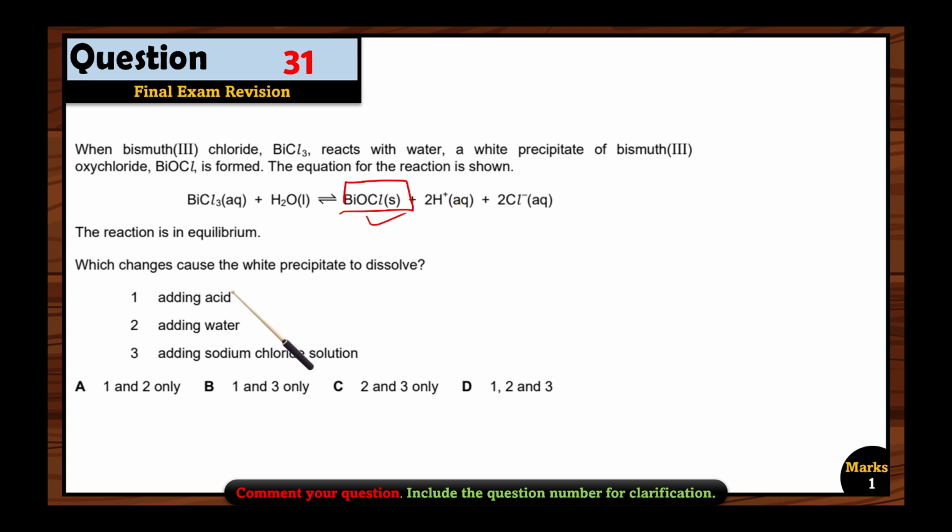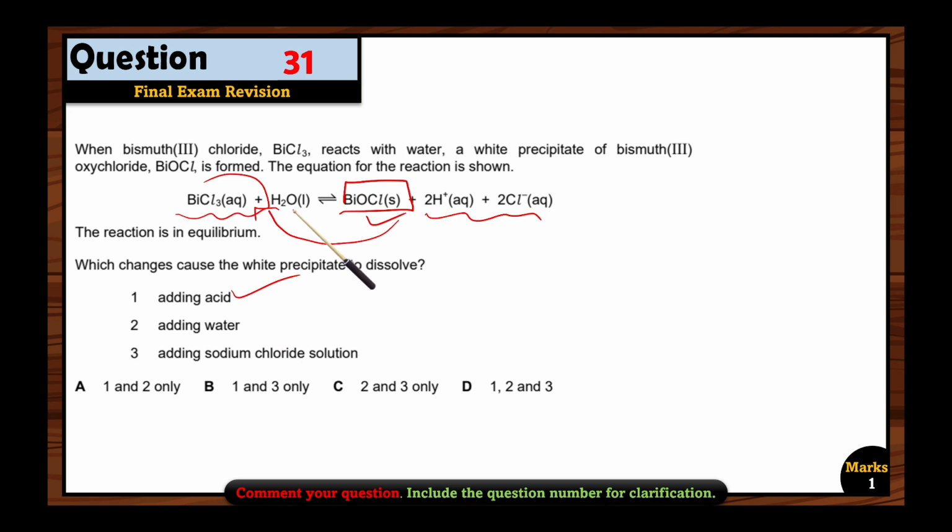So if you add more acid, yes, that's right. So this option is right. Why? Because the equilibrium will shift towards the left if you add more acid. When it moves towards the left, this precipitate will dissolve and you will get back BiCl3, right? So adding acid is right.